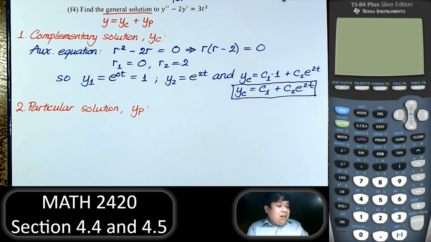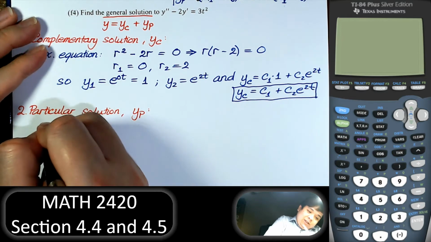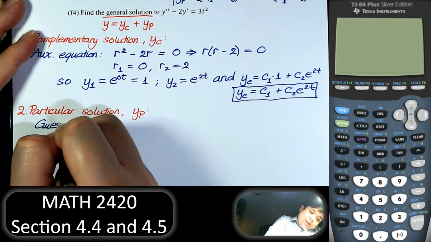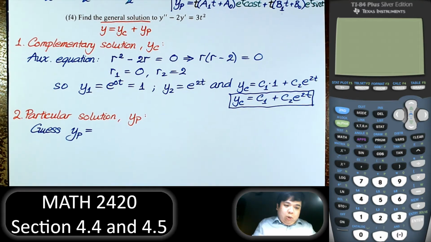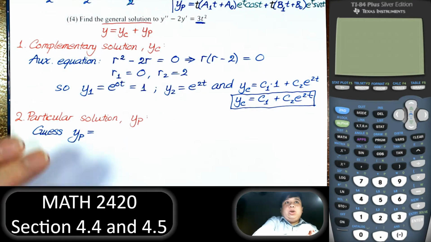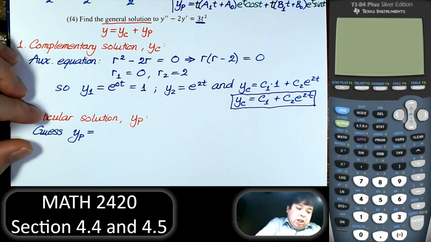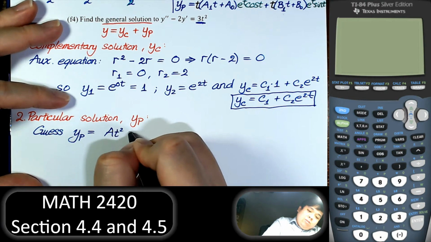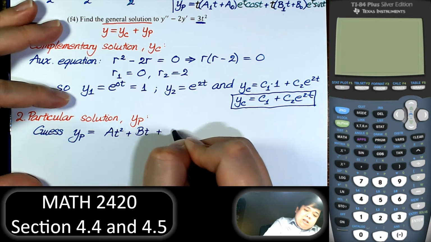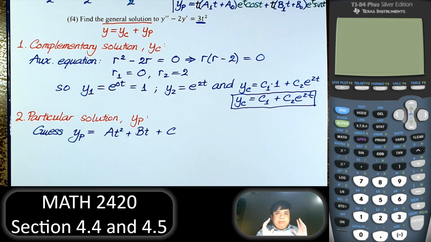Right, let's guess. What we have here is a second degree polynomial, a trinomial. So in general we have at squared plus bt plus c. They have to be a full second degree polynomial.